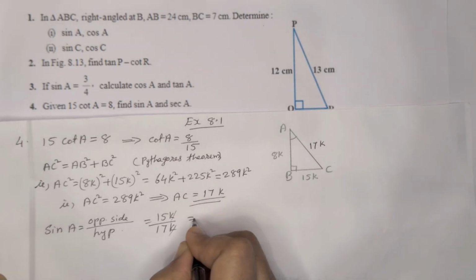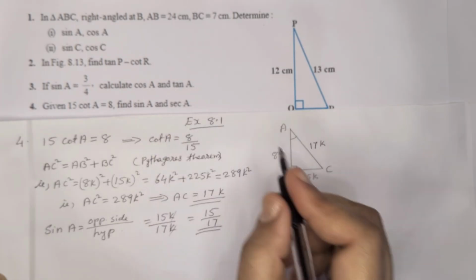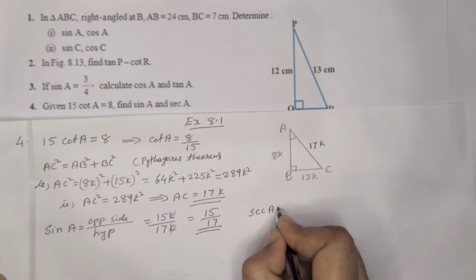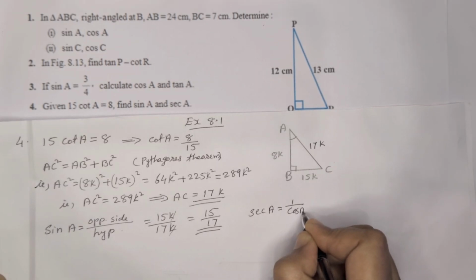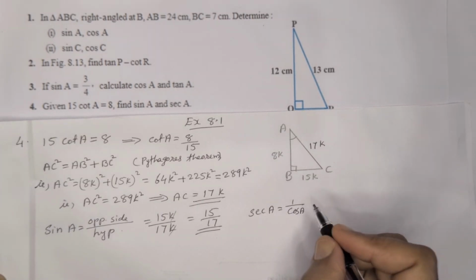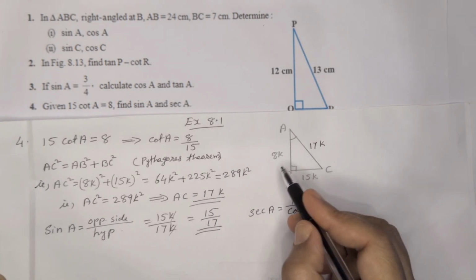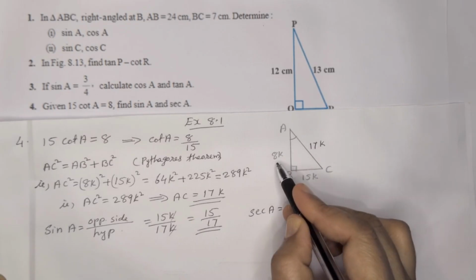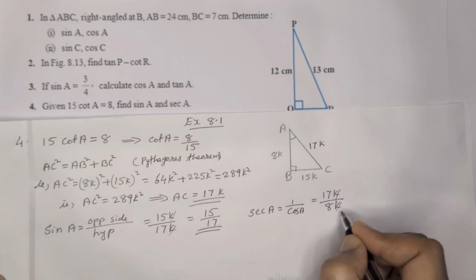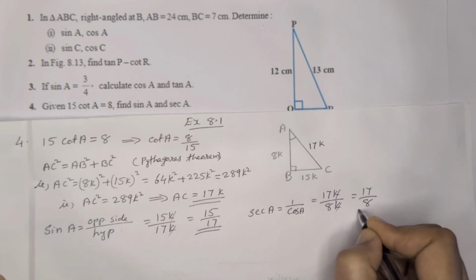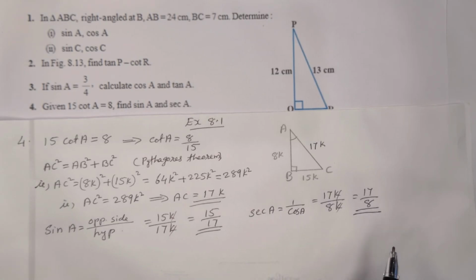K we can cancel, 15 by 17, sin A. Second is sec A. Sec A means the reciprocal of cos, 1 by cos A. Cos we know is adjacent by hypotenuse, so sec is the reciprocal of that, hypotenuse by adjacent. 17k by 8k is equal to 17 by 8. So sin A is equal to 15 by 17, sec A is equal to 17 by 8.